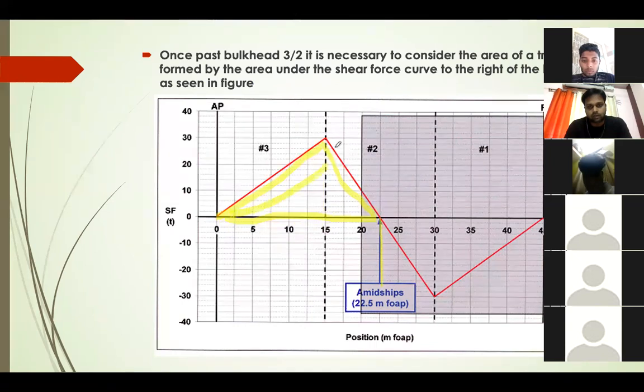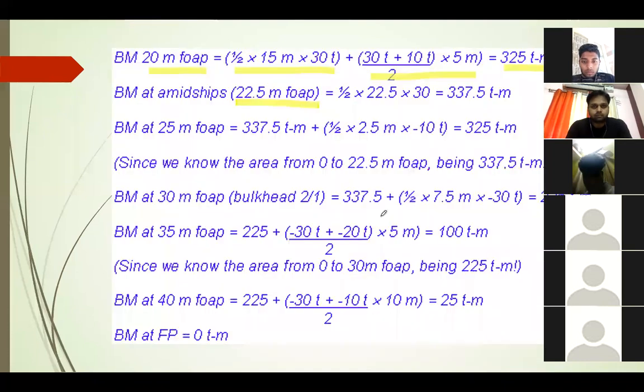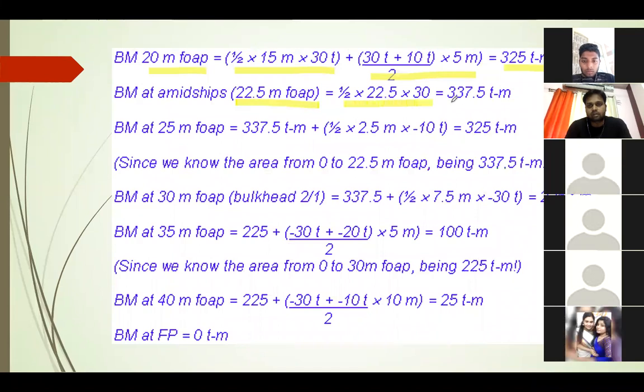So this will be one entire triangle till 22.5. The base will be 22.5 and the height will be 30. So half base 22.5 into 30 will give you 337.5 ton meter. So that will be your BM at 22.5 meters.